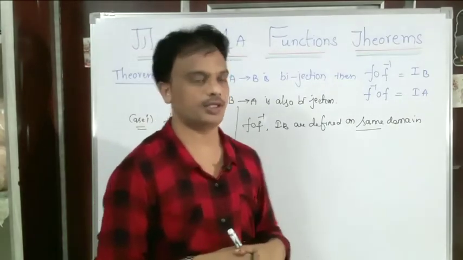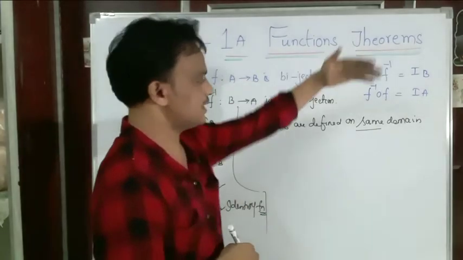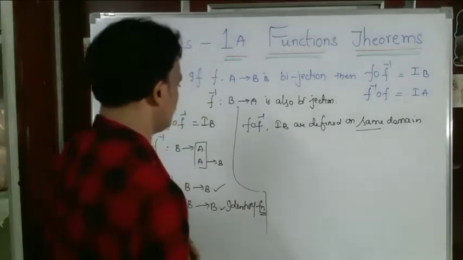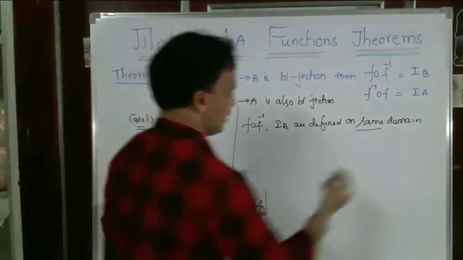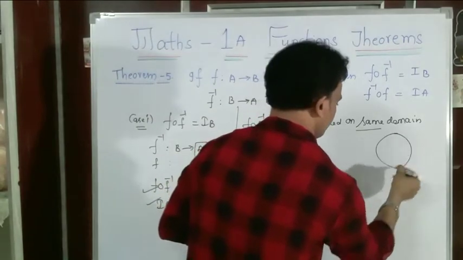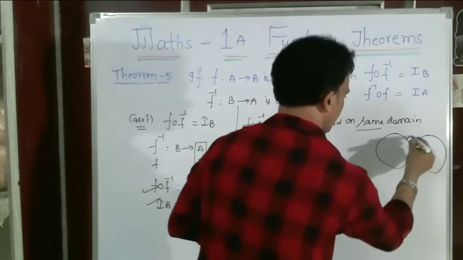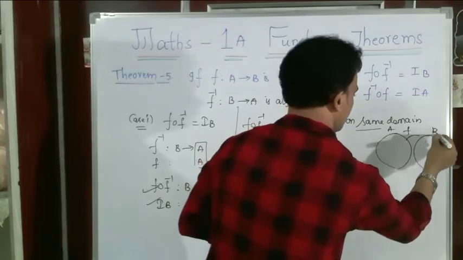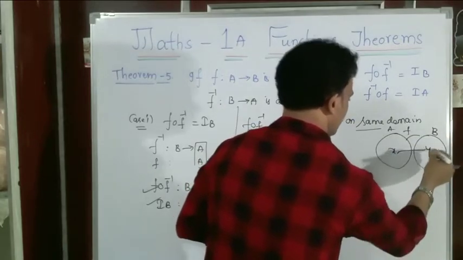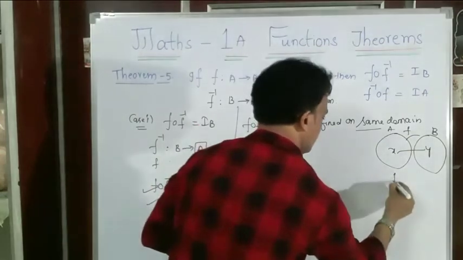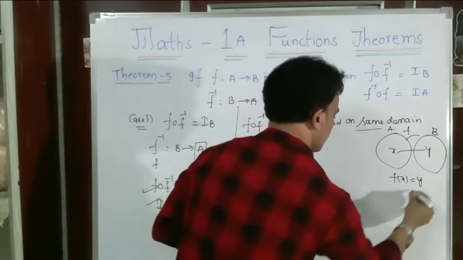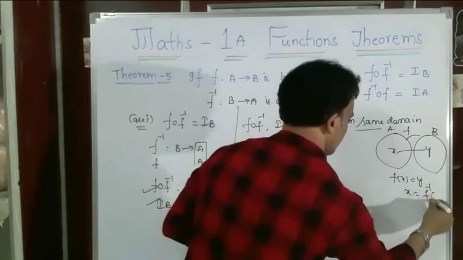One more thing: we are going to prove that the range is also equal. Let us see how. Since f is a bijection, f is a function from A to B and of course it is an onto function. If f of x equals y, then x equals f inverse of y.